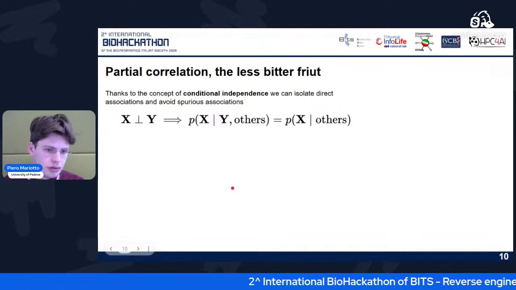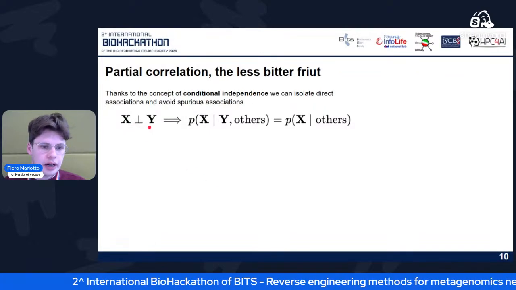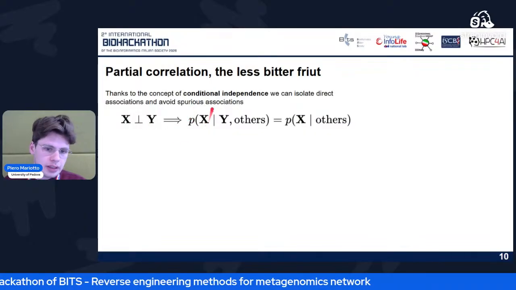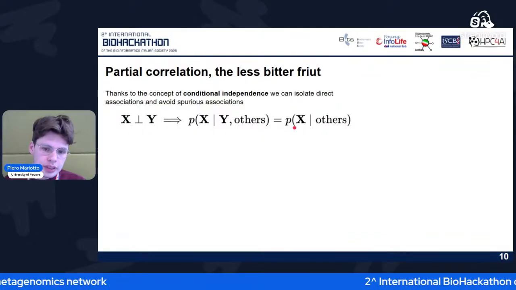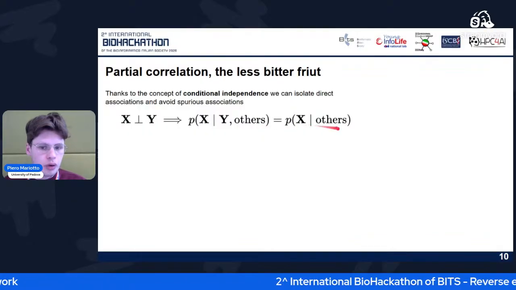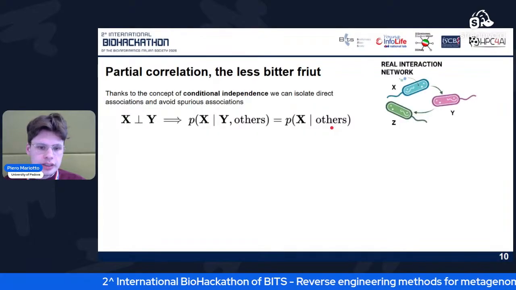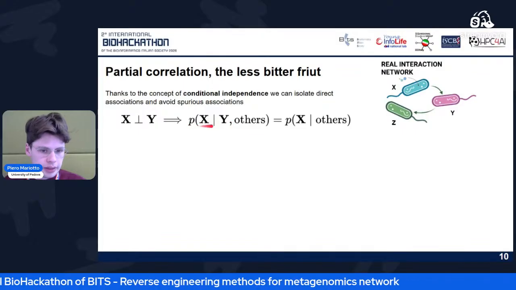Mathematically, the definition of conditional independence is that two variables, x and y, are conditionally independent if the probability distribution of x conditioned on y and all the other variables is equal to the probability distribution of x conditioned only on the other variables. What does this mean? It means that y does not give any additional information in explaining the variance of x.